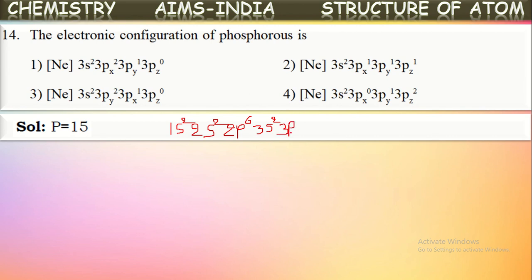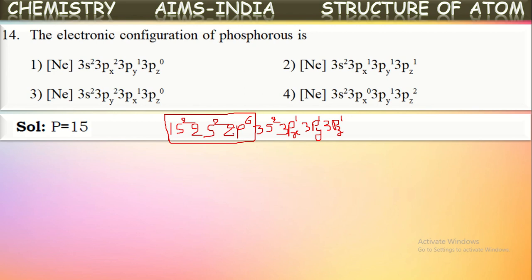As we know, the 3p subshell contains 3 orbitals. So according to Hund's rule, each degenerate orbital will be occupied by a single electron. That is why we write it as 3px1, 3py1, 3pz1. So in this configuration, this part can be written as neon because this configuration represents the neon configuration.